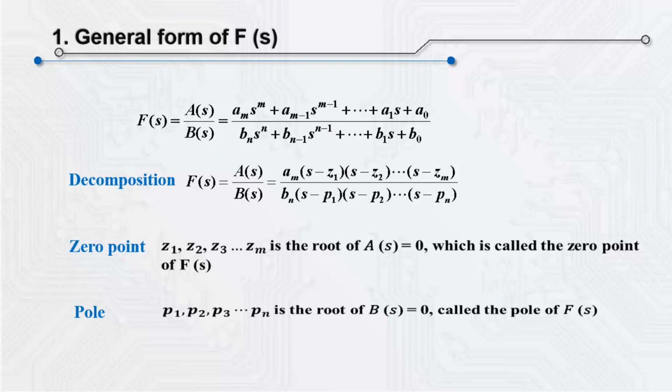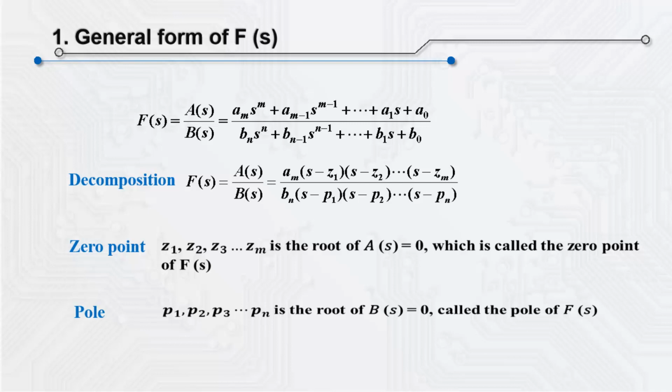First, A(s) and B(s) are factorized. We will get F(s) equal to a_m multiplied by (s minus z1), multiplied by (s minus z2), multiplied by (s minus zm), divided by b_n, multiplied by (s minus p1), multiplied by (s minus p2), all the way to (s minus pn). z1, z2, zm are the roots of A(s) equal to 0.